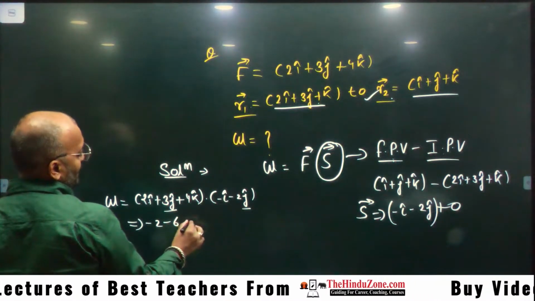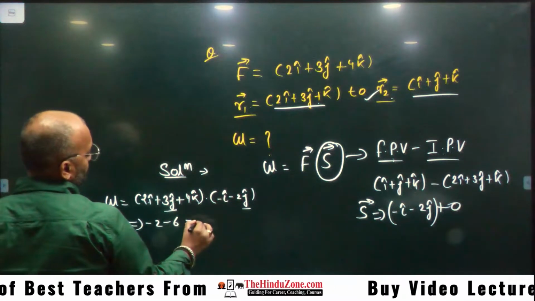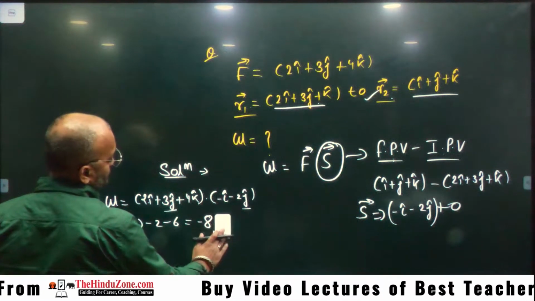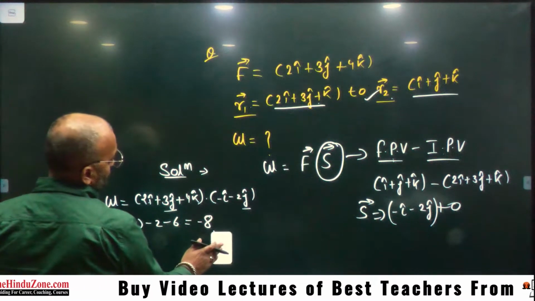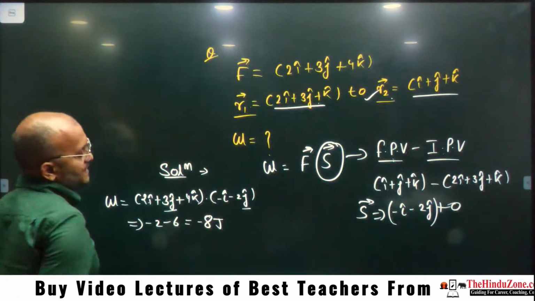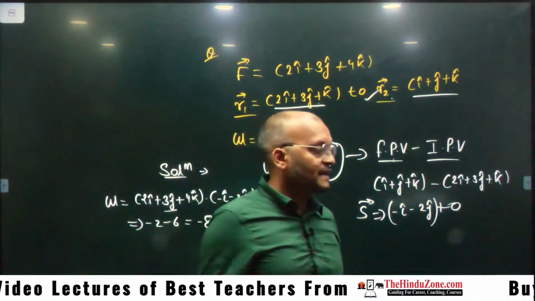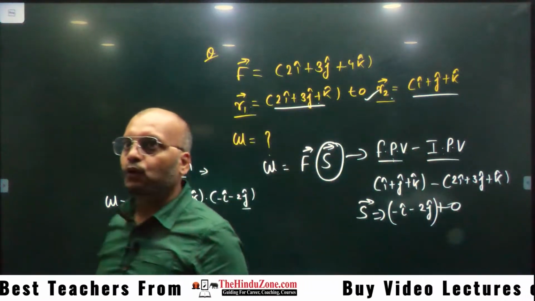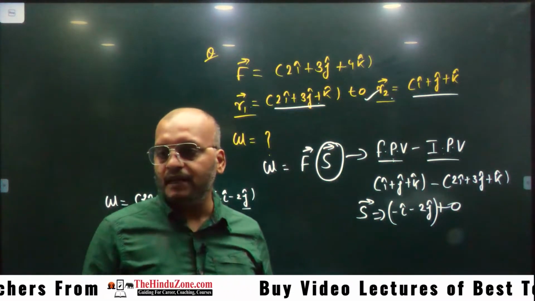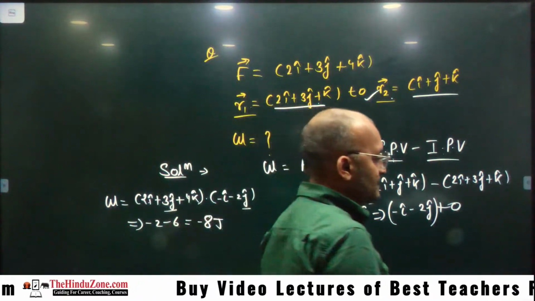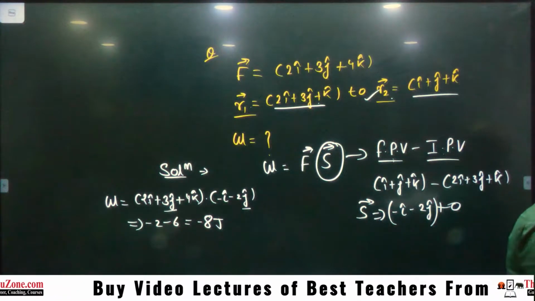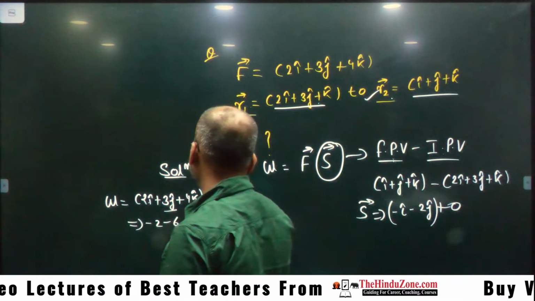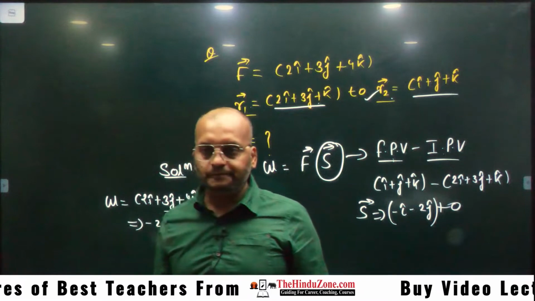No need to multiply k with anything because you will get 0. So minus 8 joules. Units named after a scientist are always written with capital letters, so minus 8 capital J, not small letters.